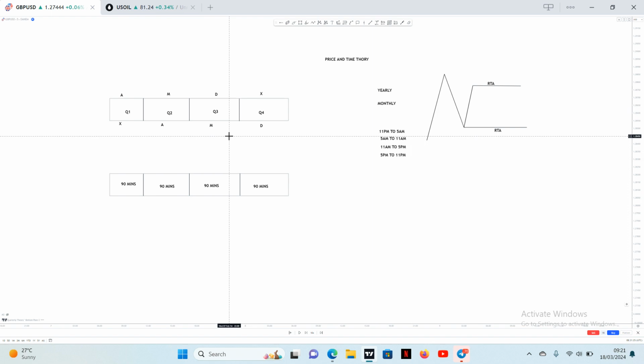Now, this is where it gets very interesting with BFR and every other thing you are doing. But on the other hand, if quarter one was just a continuation trend, or let's say price was moving down, and then quarter one, or let's just take it as the monthly cycle, week one consolidated, so you expect week two to manipulate what week one did, and then week three to be a distribution phase.